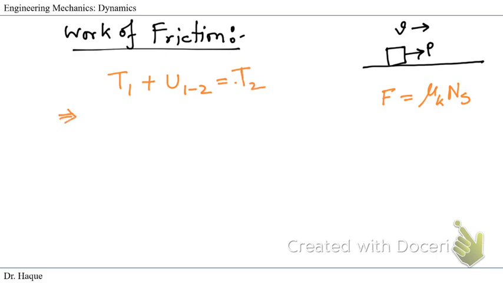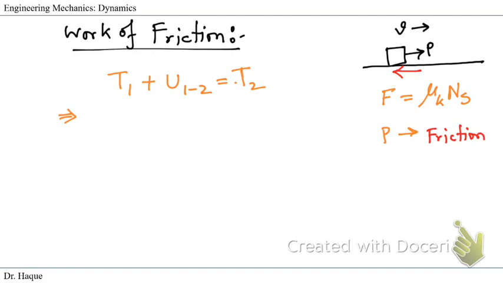So the first one, now since we're applying a force P, we're also assuming the force P is equal to the friction, which is against the movement. So we'll assume P is just balanced with the friction force.